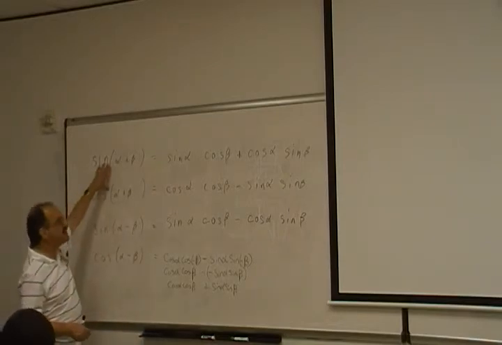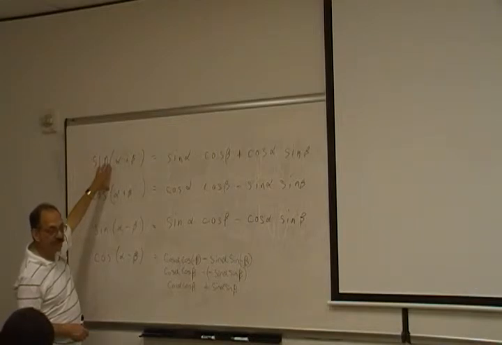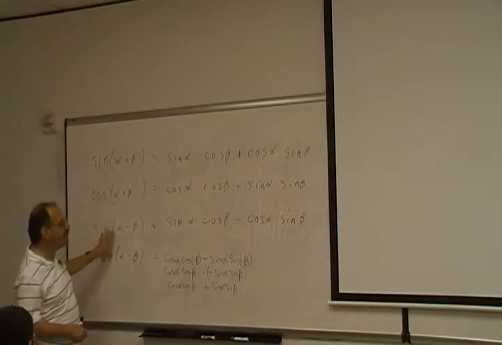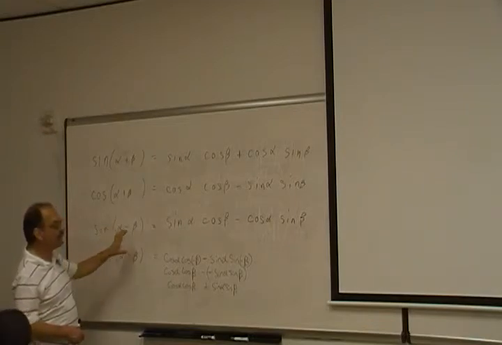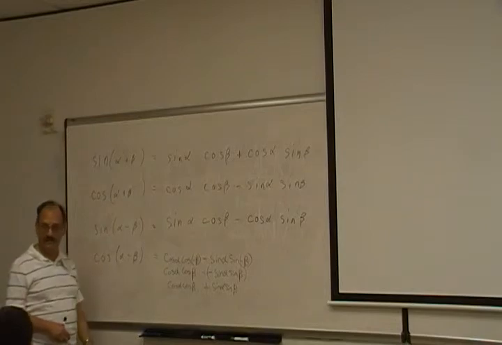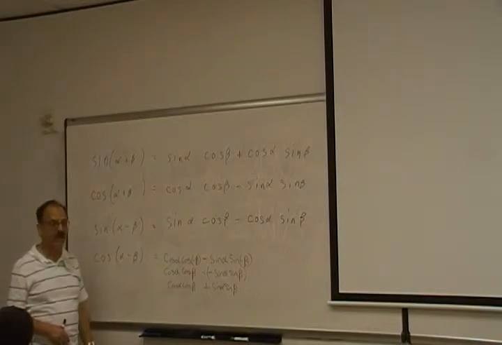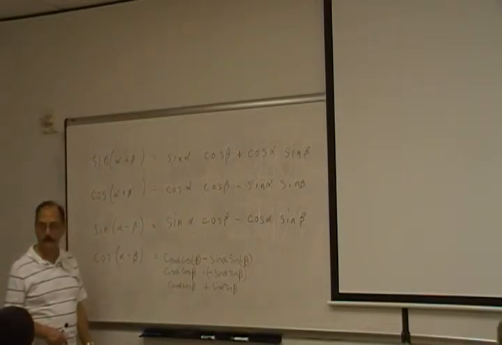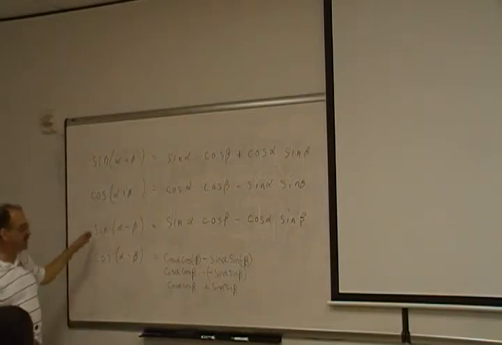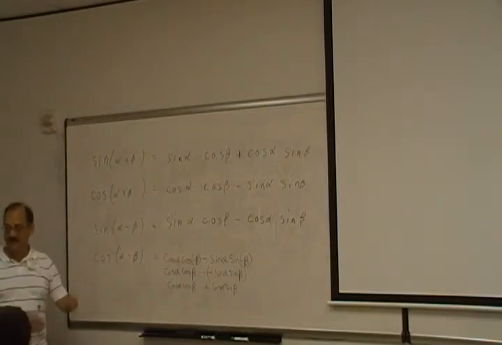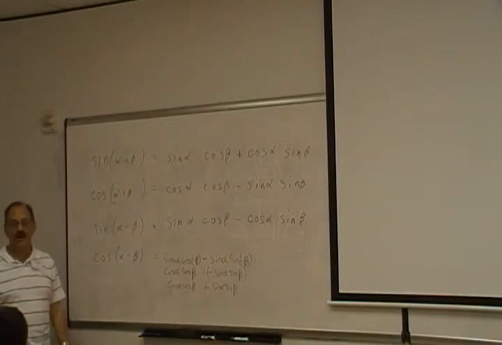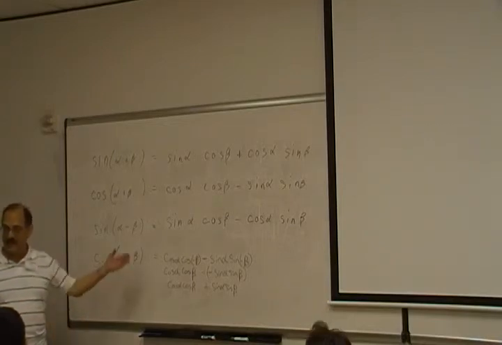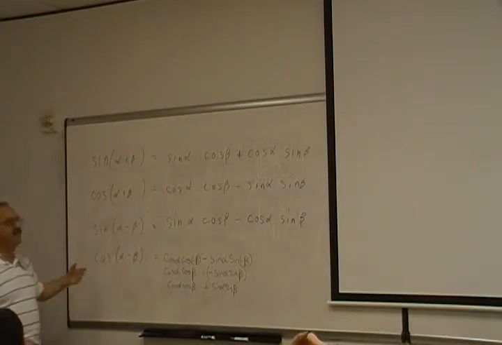So if you memorize these two using the trig graph, these two are easy because all you do is replace beta by minus beta and use the parity identities. Okay? The negative angle identities. So we only need the two minus. Do you need these? No. But most books include them. Okay? And if you're going to do your high school class eventually with trig identities, you're going to see these.